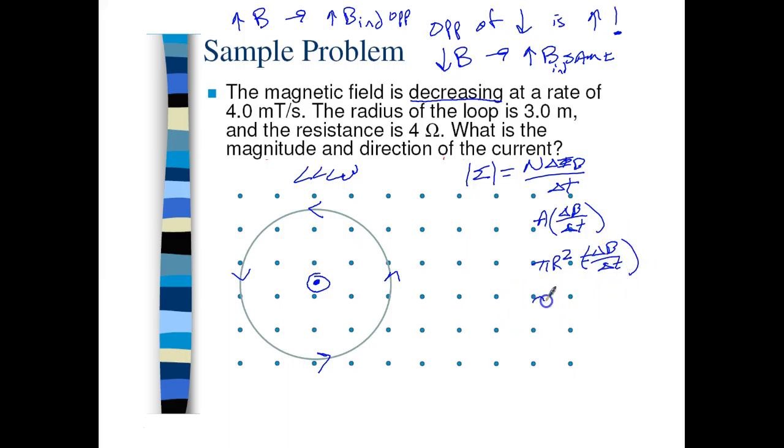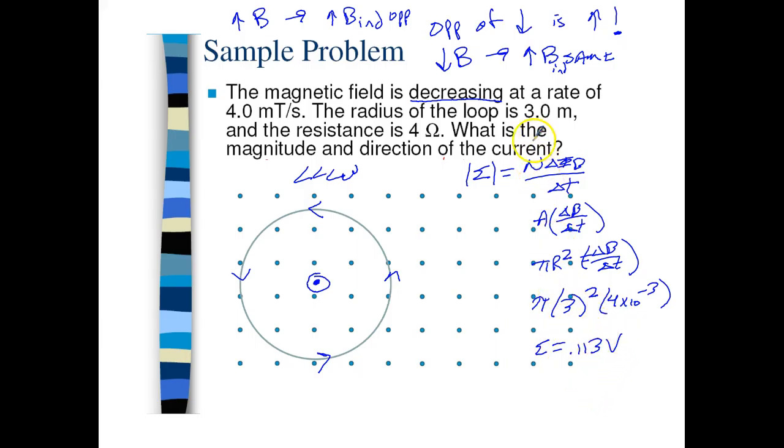Here we've got pi times, it's a 3-meter loop, so that's squared, and then our magnetic field here is 4 times 10 to the negative third teslas per second, since it's changing at that rate. And it's decreasing, but nonetheless, we're still going to get 0.113 volts.